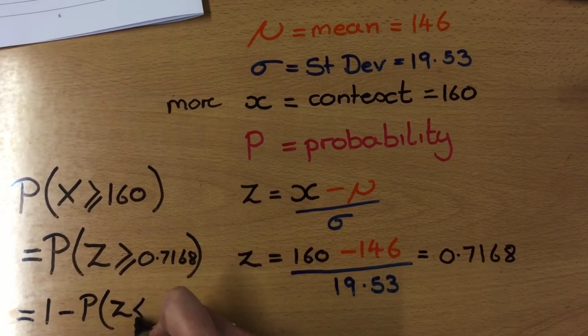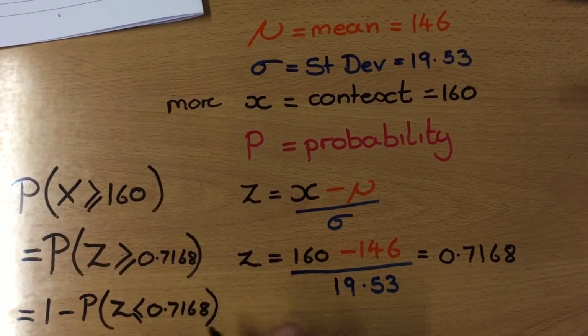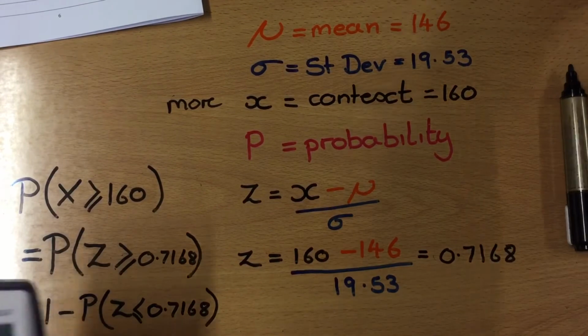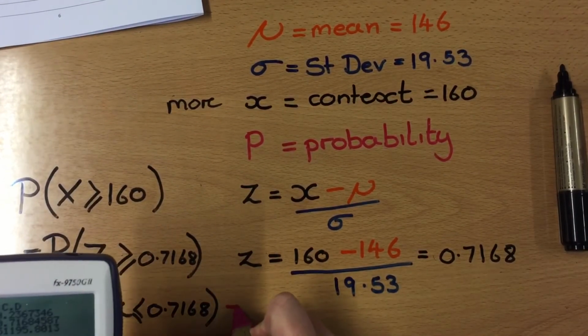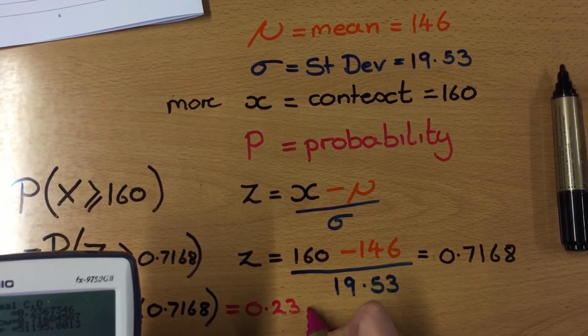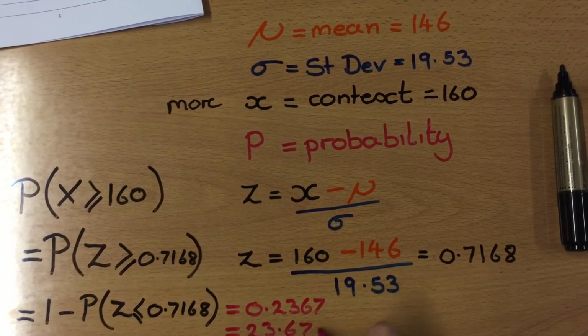We flip it the other way, and we keep everything else the same. And then from there, we can write down our probability. And that is 0.2367. And if we need it as a percentage, as in this question, that's going to be 23.67%.